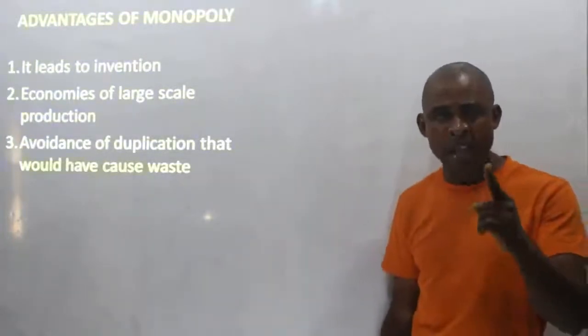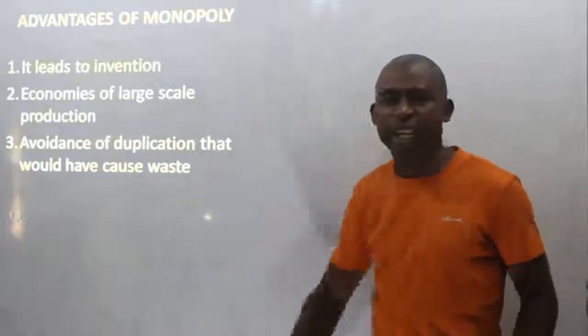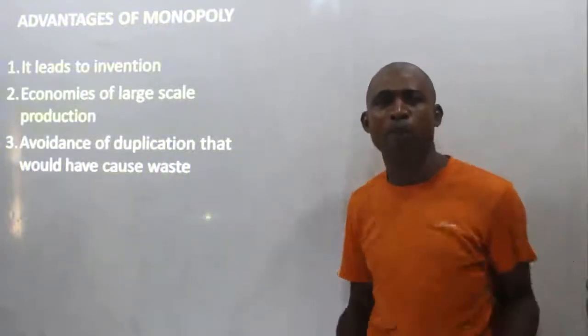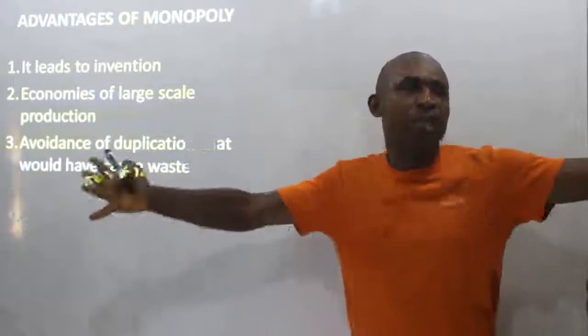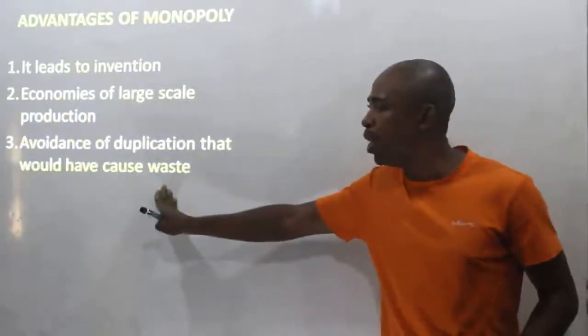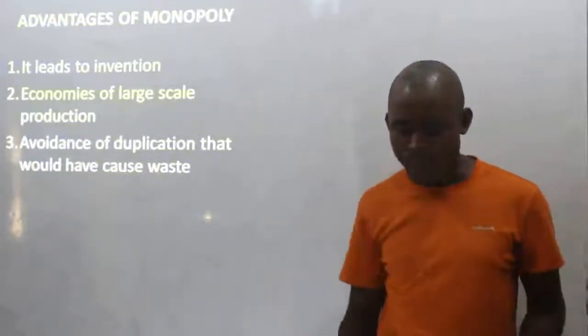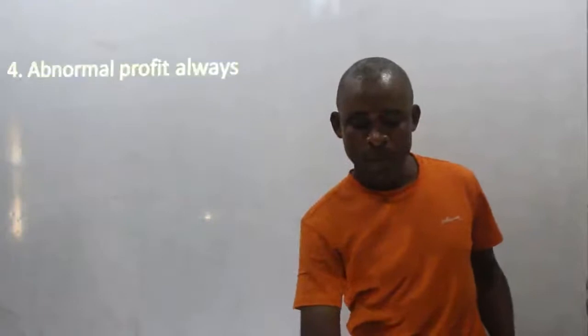Now, one big advantage of monopoly is it avoids duplication, so that the same commodities are not produced many times by different firms, which can result in waste. So monopoly avoids waste because there is no duplication.